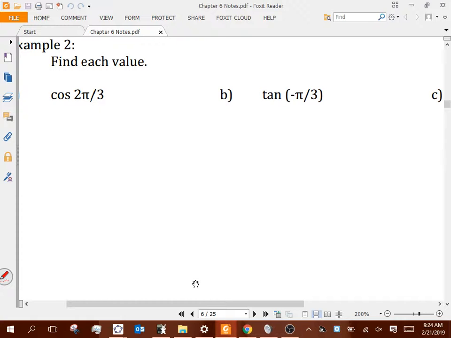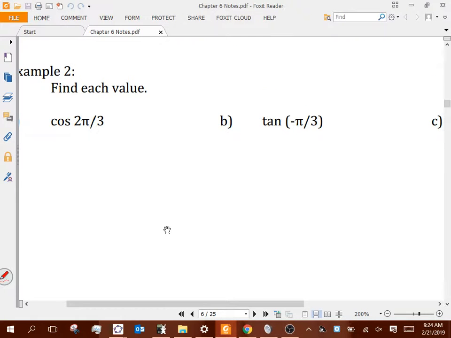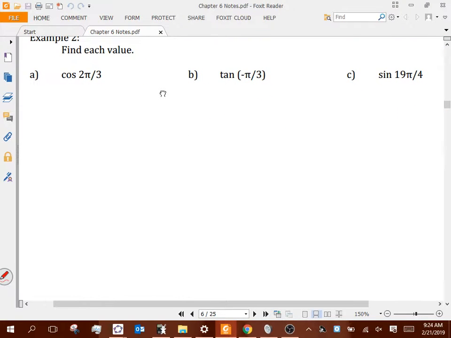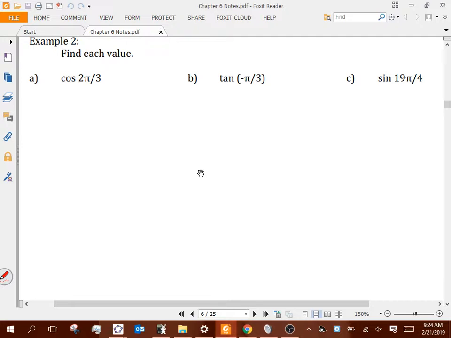All right, let's zoom out a little bit real quick. All right, so these types of questions here, there are several different ways that we can approach these. Okay, first way, not the greatest, is to take the calculator, make sure it's in radian mode or degree mode, whichever one they're giving you, and just type it in, right? And that's going to give you a decimal. You don't have a calculator.